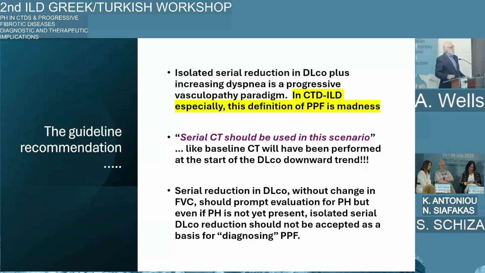Now, the guideline states that you should use serial CT in this scenario based on reviewer comments. Well, you might as well say, let's define PPF by change on CT plus dyspnea. But you have to get lucky. Your first scan needs to be done at the start of a DLCO trend, which almost always it isn't. And the second one when you're actually examining the trend.